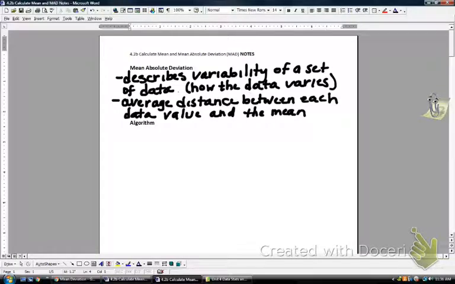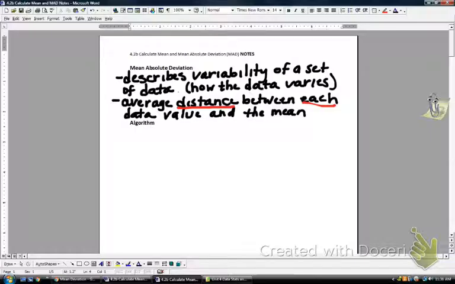Then the most important part of the definition is the mean absolute deviation is the average distance between each data value and the mean. And remember back at the beginning of the year when we talked about distance and how distance is always positive.